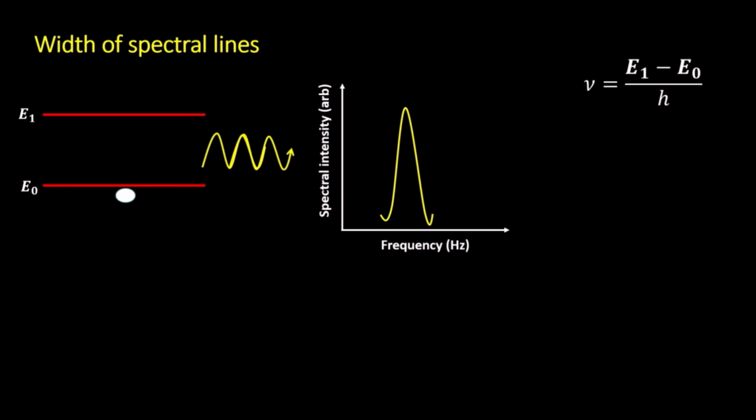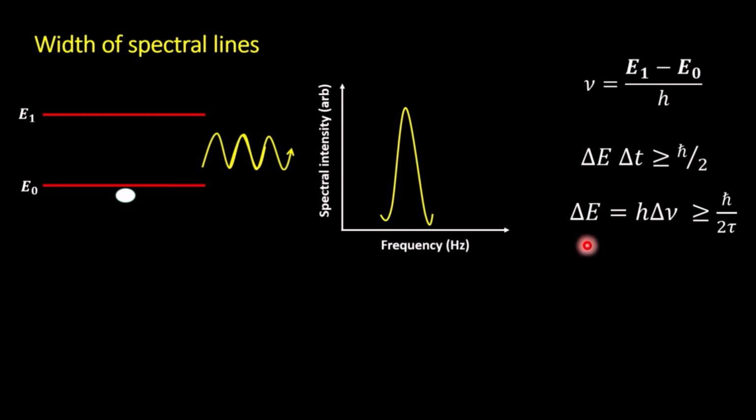Atoms remain in an excited state for a finite time called the lifetime tau. Hence, the uncertainty in the time will be of the order of tau. Then from the uncertainty relation, delta E delta T greater than or equal to h cross by 2, we have the uncertainty in the excited state energy as delta E greater than or equal to h cross by 2 tau.